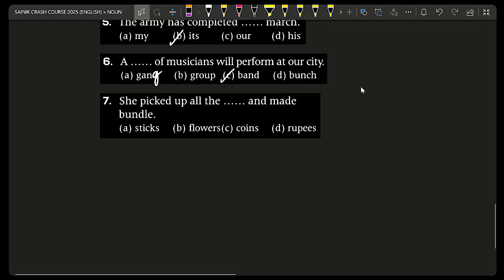This is also a collective noun question. All of you try this question now. She picked up all the sticks, all the flowers, all the coins, all the rupees.